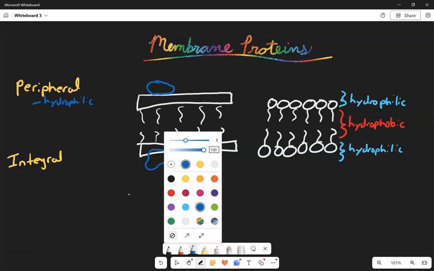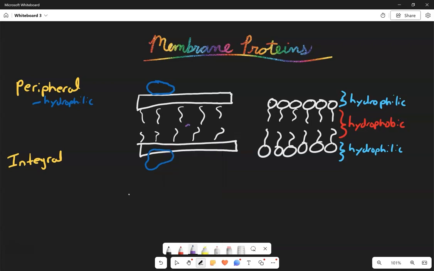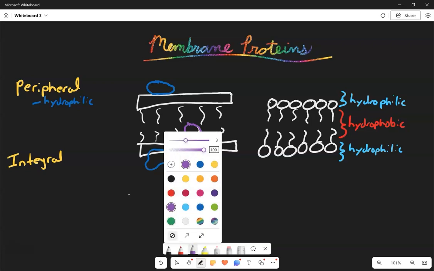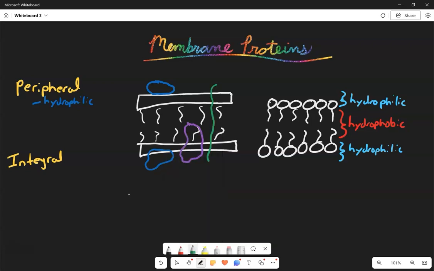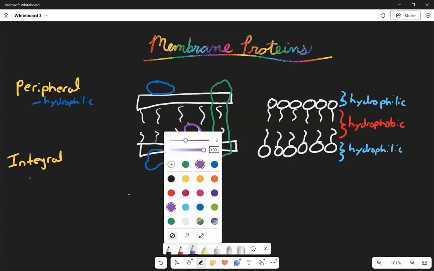Now, your integral proteins, we can have an integral protein where it sits like this, right? Or we can have one that spans the entire membrane, like so. Right? So in purple, we consider this an integral protein.